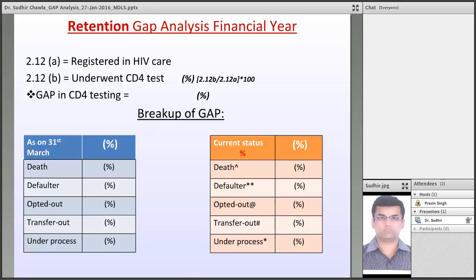For example, we registered on the first visit and asked the patient to come back after 1 week with the CD4 result and other reports, but the patient did not turn up on the given appointment. That may be considered a defaulter. A patient not turning up on the given appointment can be considered a defaulter while giving data for the gap analysis. By this, we divide all patients in the gap into 5 broad categories.